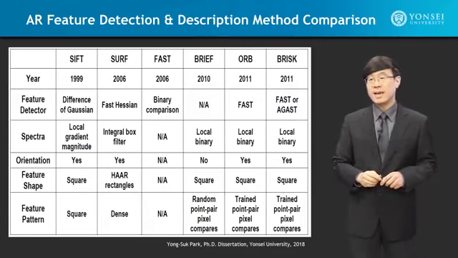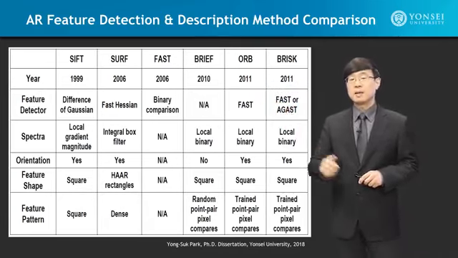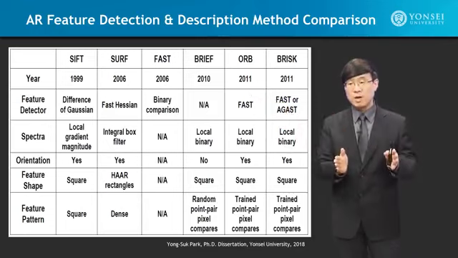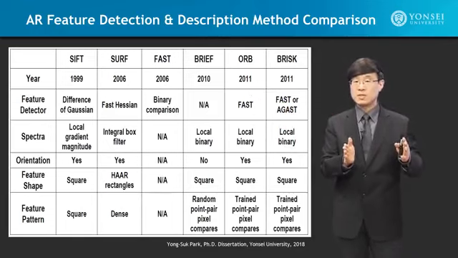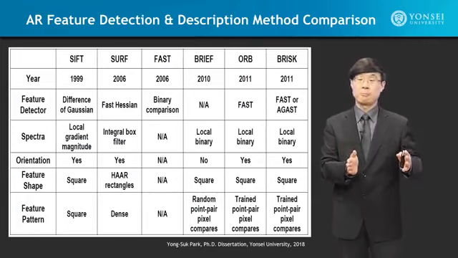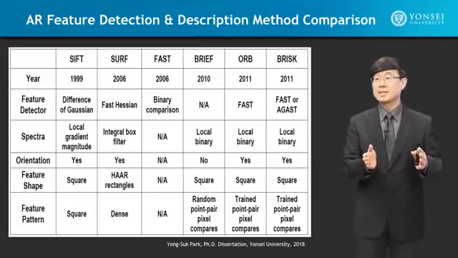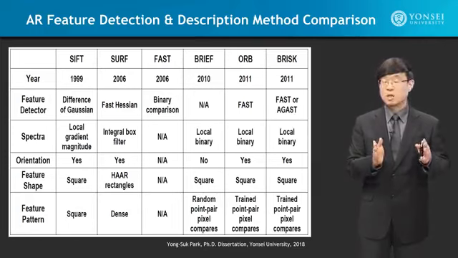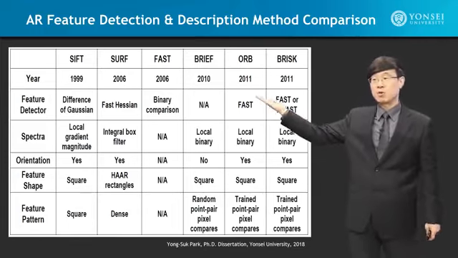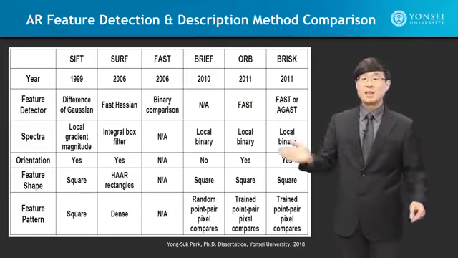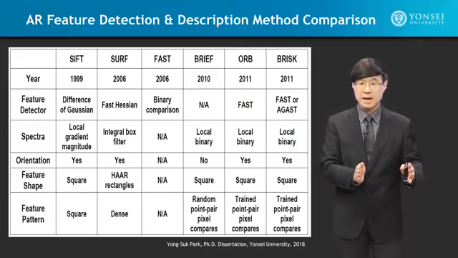I want to first talk about SIFT, because SIFT had very good features and the characteristics of SIFT were highly desired. However, the computation burden was very high. Even for the time that it was created in 1999, the computation burden was extremely high.